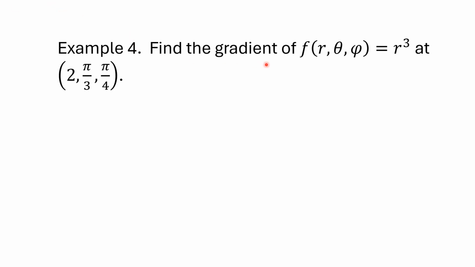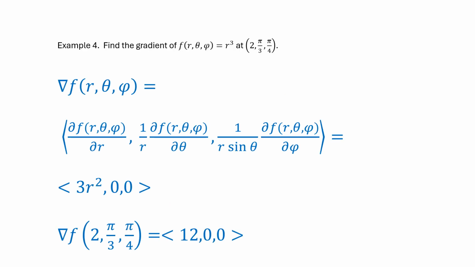So we're going to find the gradient of f of r, theta, phi equals r cubed, and we're going to have a point. This is typical, where theta and phi you don't care about, shall I say. So we're going to take the partial with respect to r, it's going to be 3r squared.